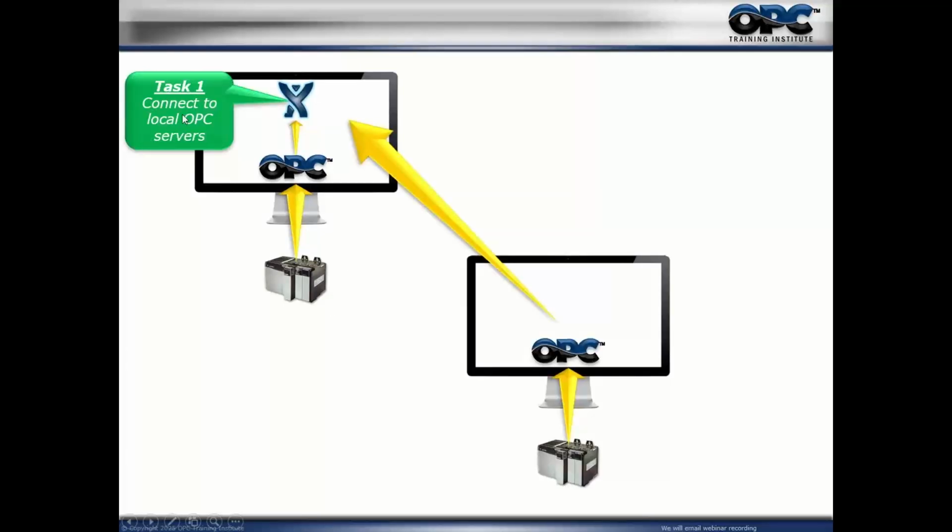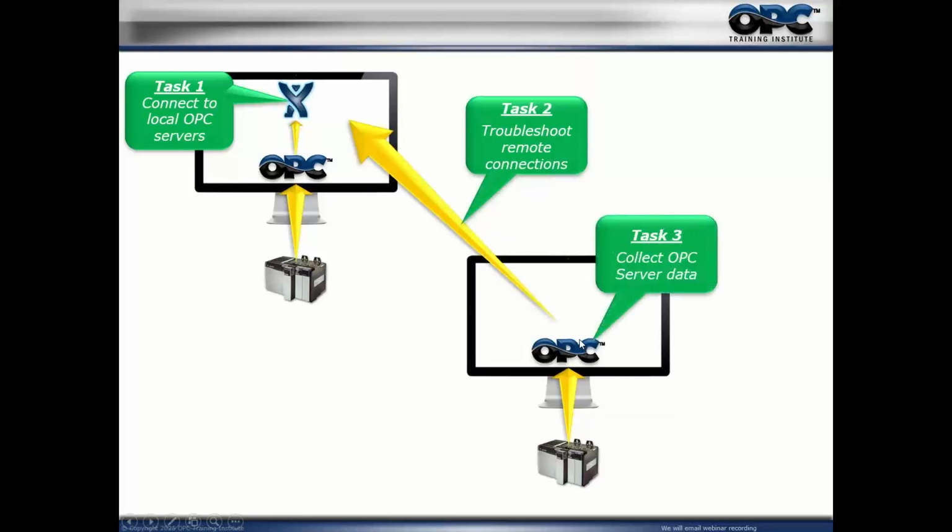We will make a remote connection. So we're going to connect to local OPC servers. You'll see the kind of servers. And we will make a connection to remote OPC servers where we might actually see a problem. And we'll even take that data and store it. So let's go have a look at what this looks like.